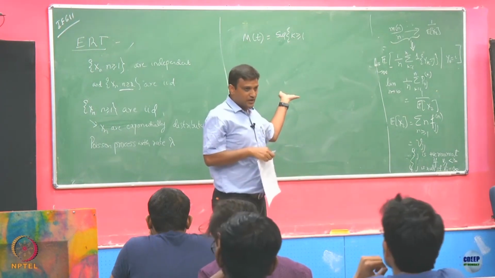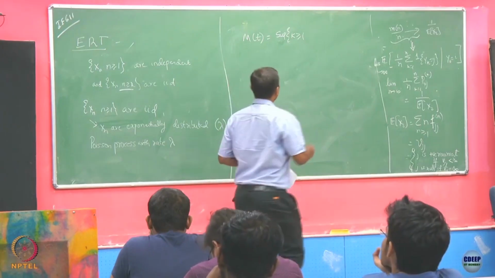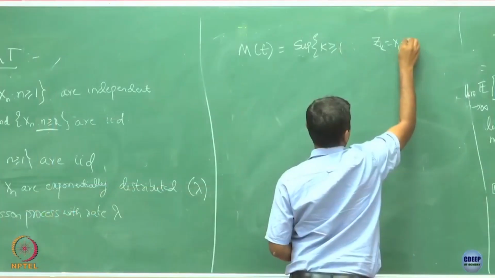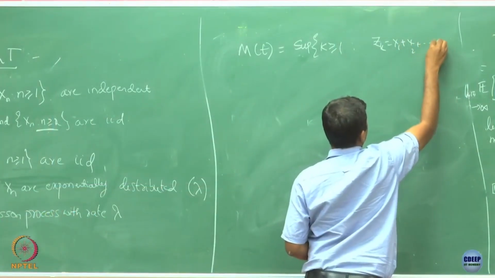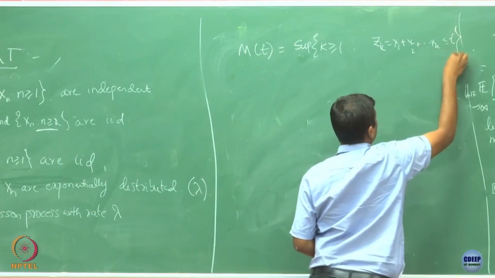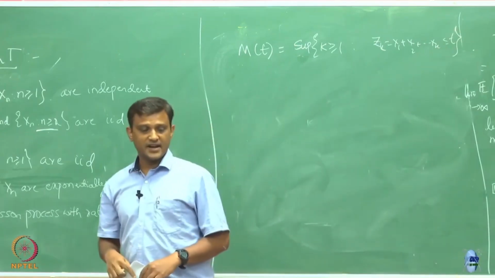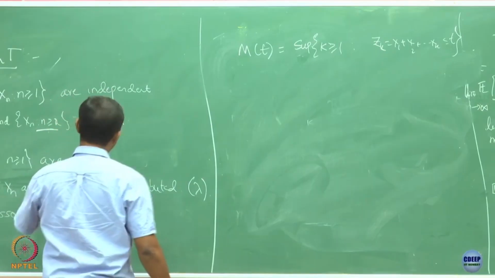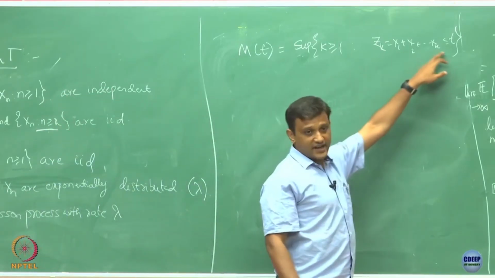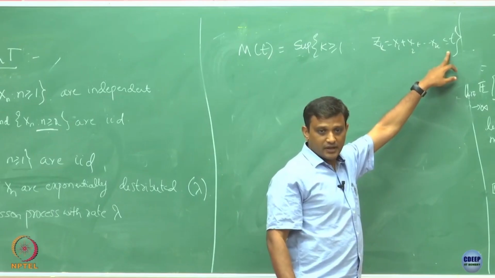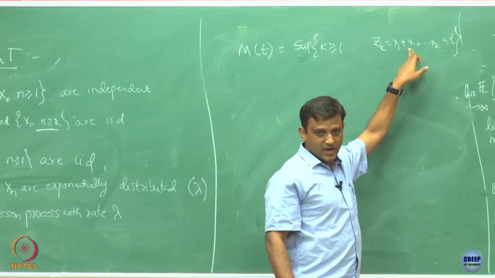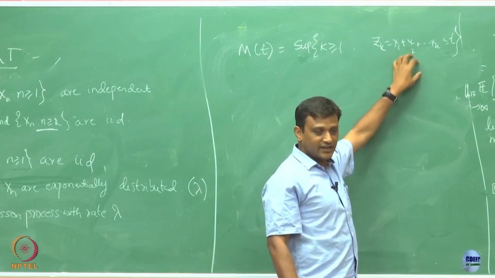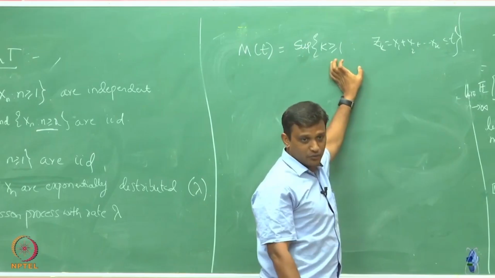So I can also define the same thing for my Poisson process, right? It is the number of k such that Zk, which is nothing but X1 plus X2 all the way up to Xk, is less than or equal to t. I can define this for a Poisson process also. The Poisson process is characterized in terms of these inter-arrival times, and that defines my count instances, that is the Zk's. So once I know that, I can define my renewal process like this.